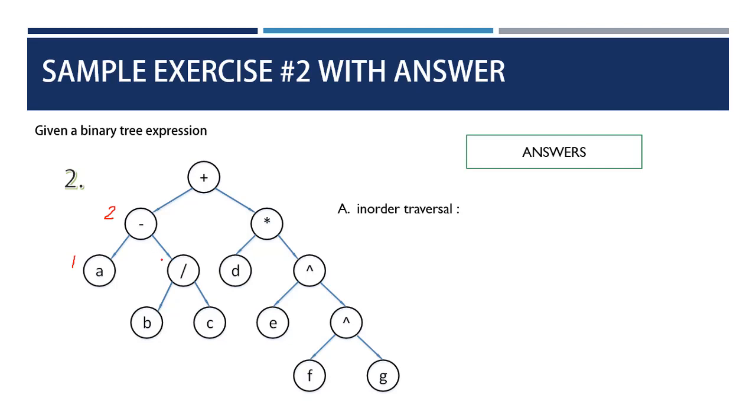Okay, if this root has a subtree, you have to check. Traverse from the left, visit the root, traverse from the right. So this is your left subtree of the class. Which means traverse from the left is okay. So you have to visit the root, traverse from the right.